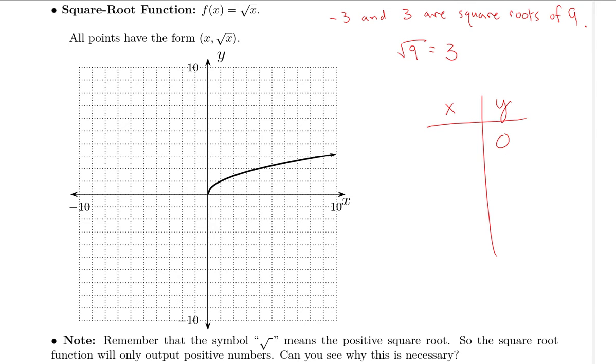If I have y equals 0 here, then squaring 0 gives me 0. If I start with y equals 1, squaring 1 gives me 1. If I put a 2 here, then squaring 2 gives me 4.